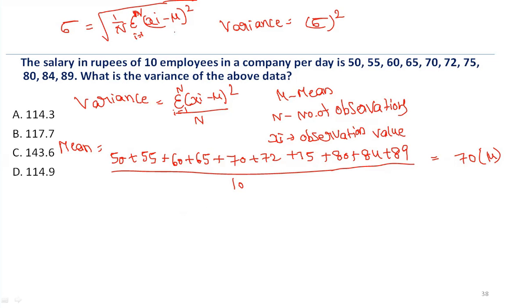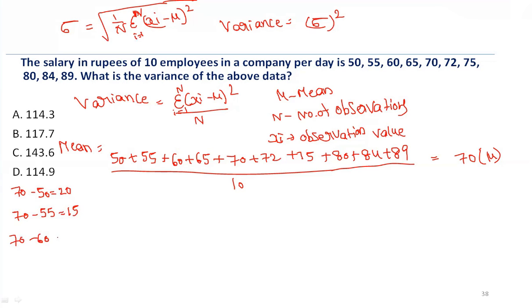Mean is 70, and let's find the deviation for each observation. It is 70 minus 50, which is equal to 20. Next, 70 minus 55, which is equal to 15.